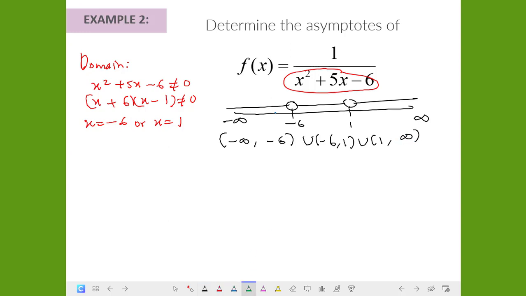Take here negative 6 from the left and positive from the right, and 1 negative is from the left, 1 positive is from the right. Then x approaches positive infinity, and this one is negative infinity.